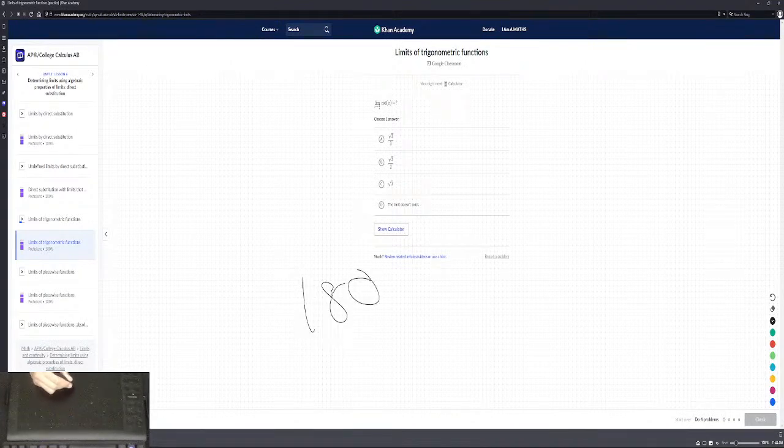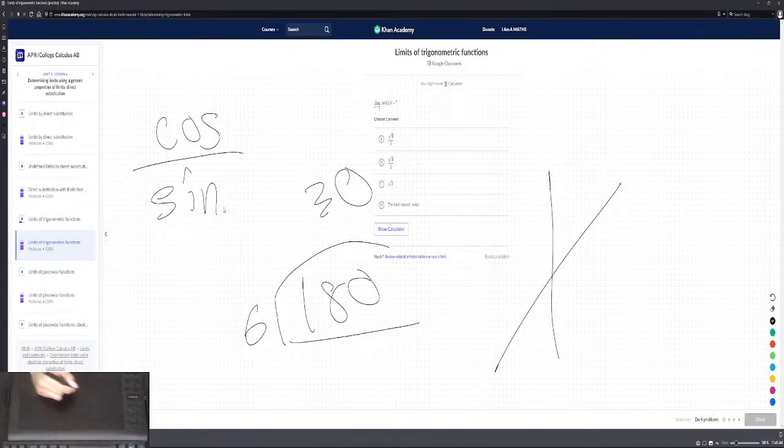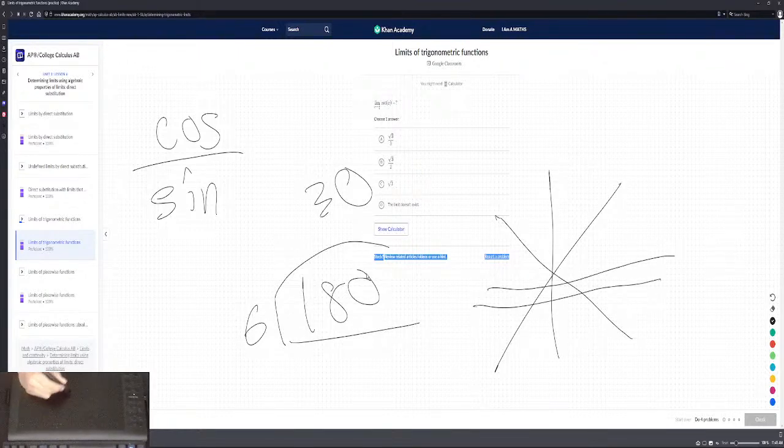So the definition of 180 divided by 6 is 30. And the identification for cotangent is cosine over sine. And on the unit circle, the point for 30 degrees is, this is how you find it.